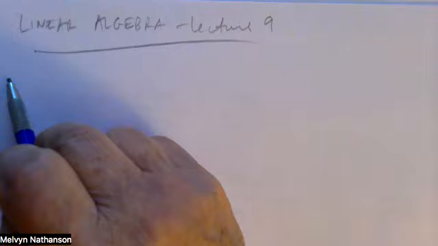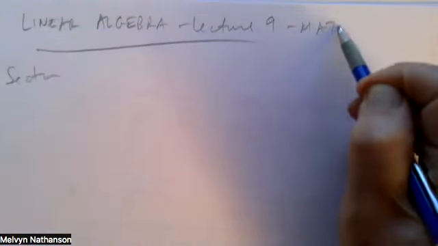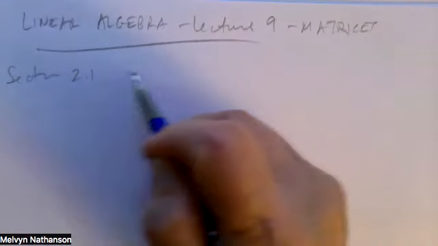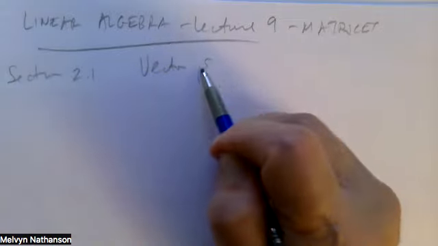And I'll start at the beginning of chapter 2, and just review matrices from the very beginning. So section 2.1 is on the vector space of matrices.